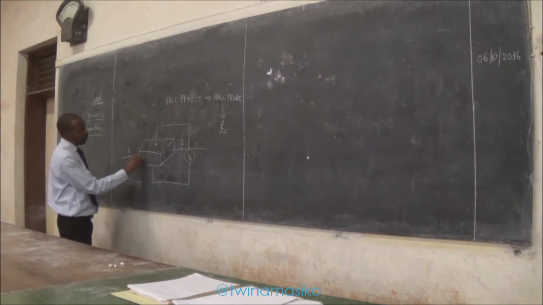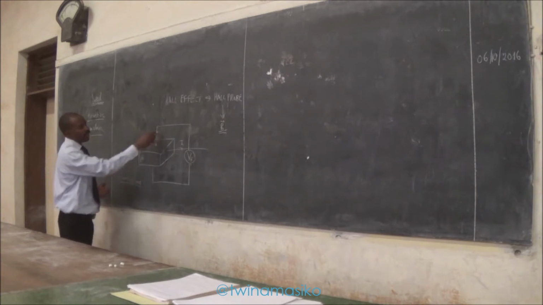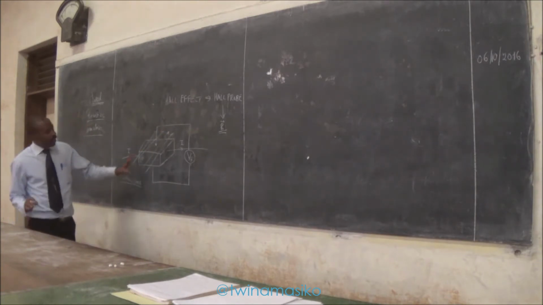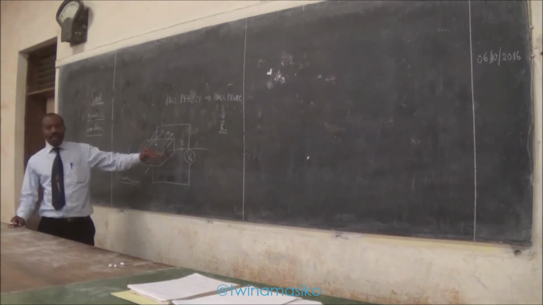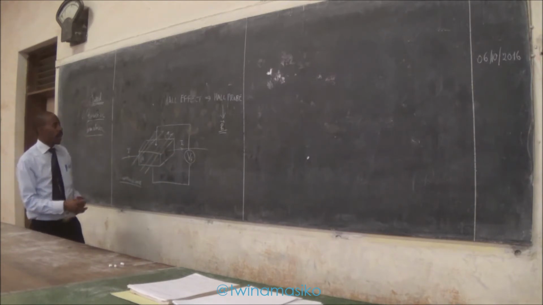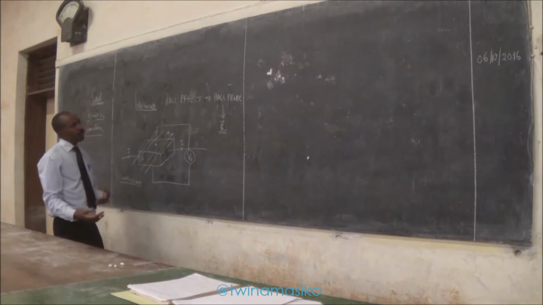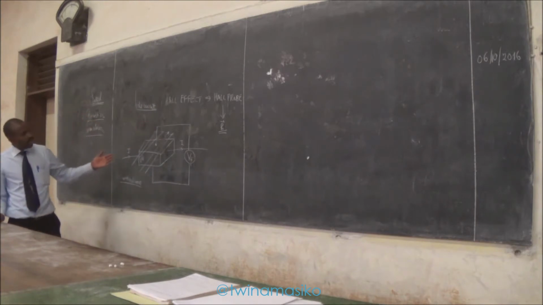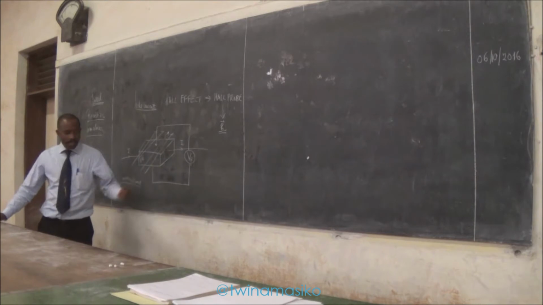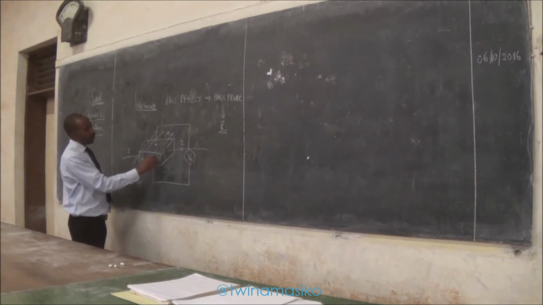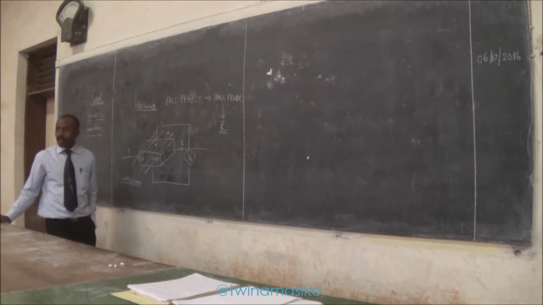You can either use this to mean our B, or you can draw the field lines to show how they are moving. Now, because of the existence of the current, the current which is being transported by the positive charges is in this direction. But the electrons are moving in this direction.